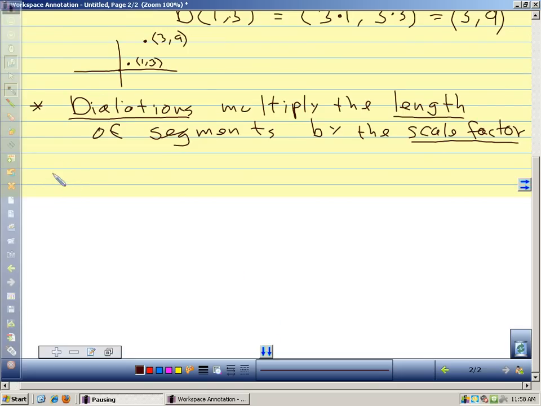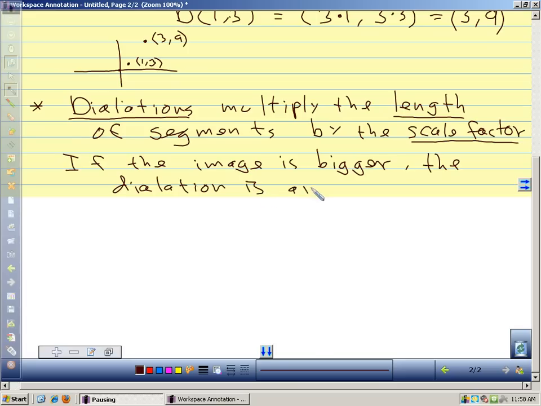So dilations that make the image bigger are called expansions. So if the image is bigger, the dilation is an expansion. And if the image is smaller, it's a contraction.